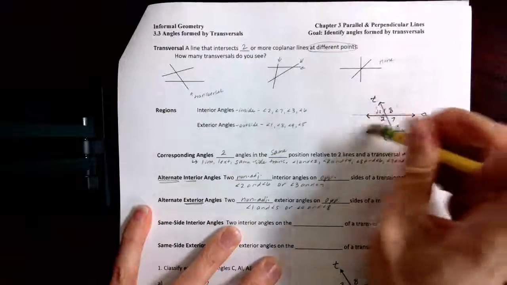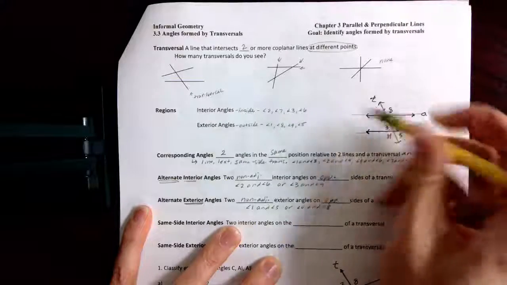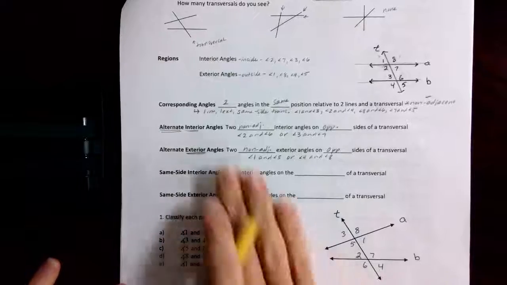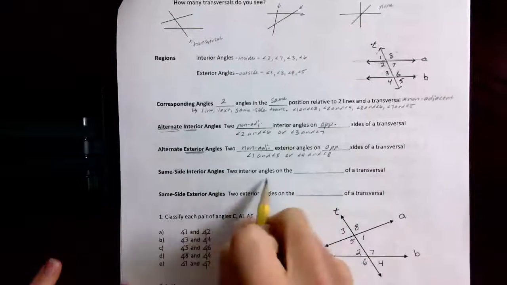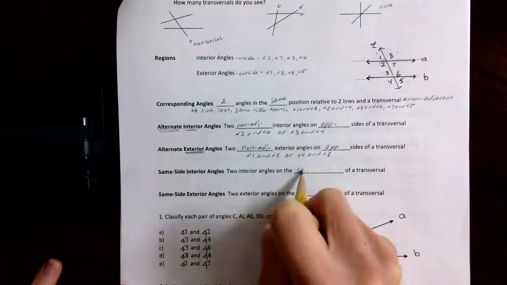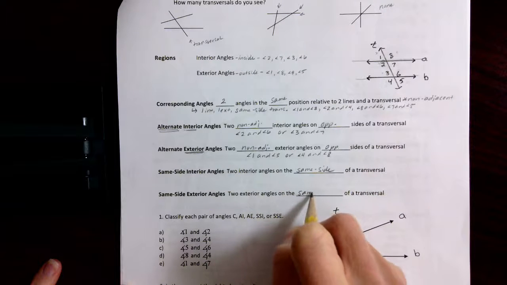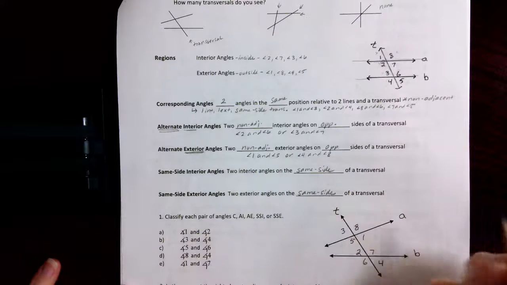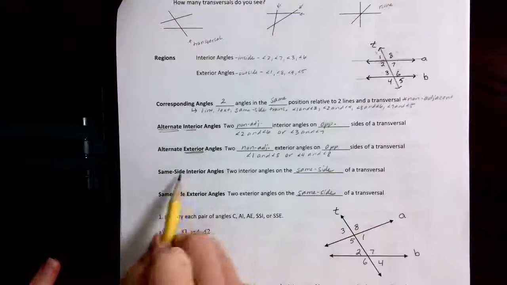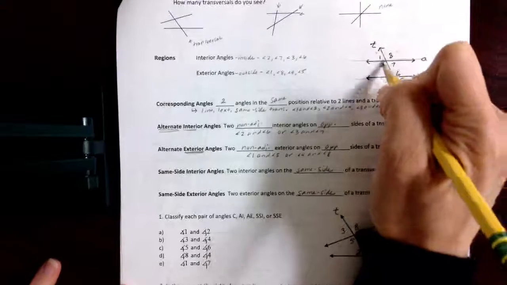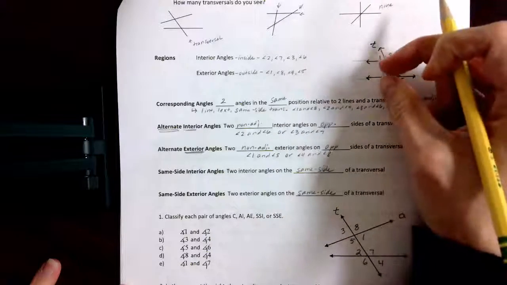Okay, the next two pairs, what they say is they say same side. So same side interior angles and same side exterior angles. These are two angles that are on the same side of the transversal, and I'm going to fill that in on both of them. Okay, so they're on the same side of the transversal. So interior angles that are on the same side would be like angle 2 and angle 3. They're on the same side of the transversal. They're in between the two lines.